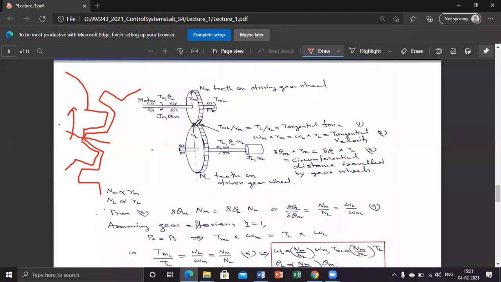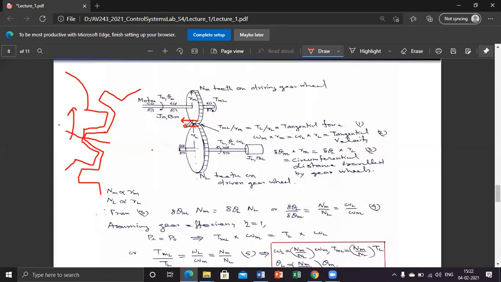When two wheels are moving in engaged condition, there are three equations we can derive. One is the tangential force. While this is moving, this particular contact point will move in this direction tangentially, and this also will move in this same direction.